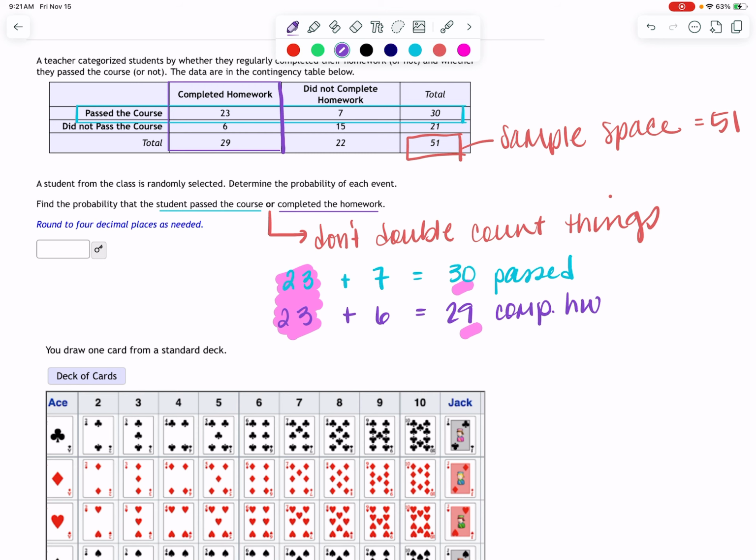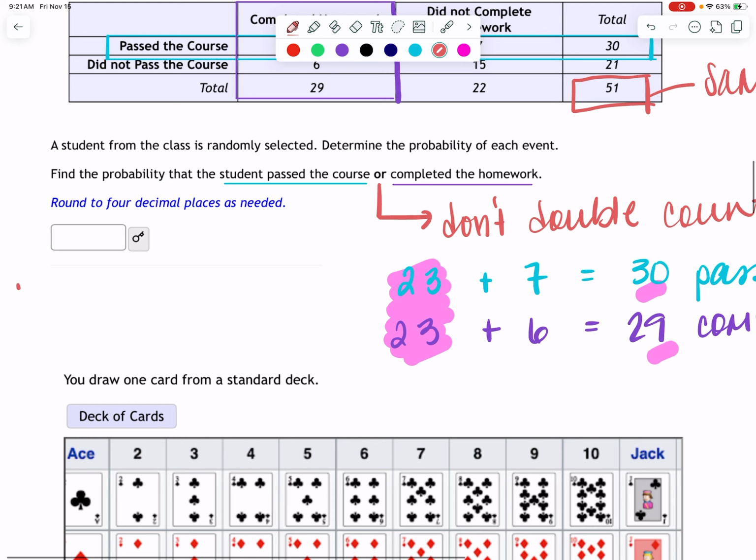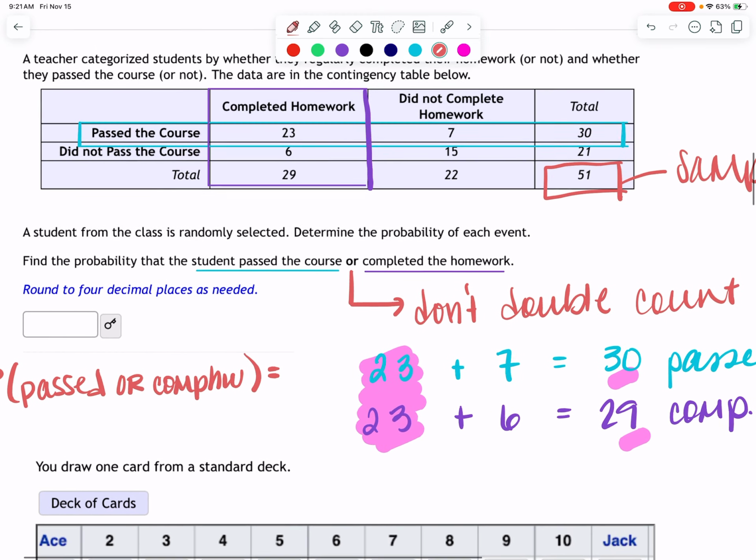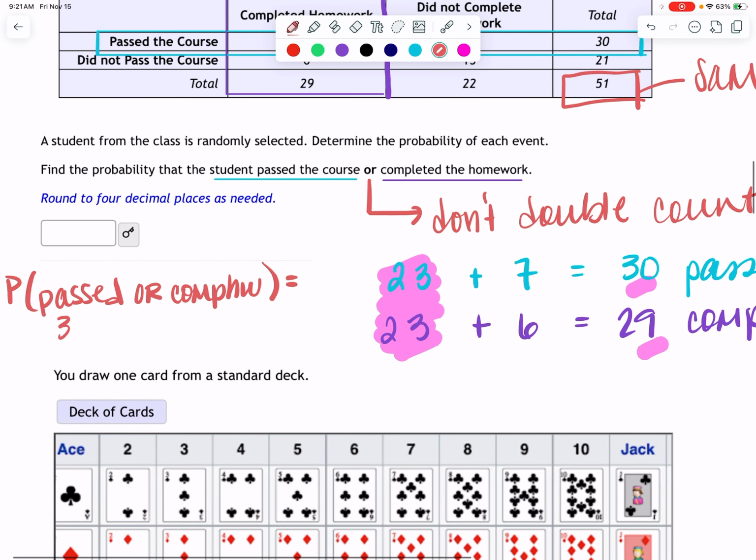So when I look at the probability of they passed or completed the homework, I want to add the total that passed plus the total who completed.